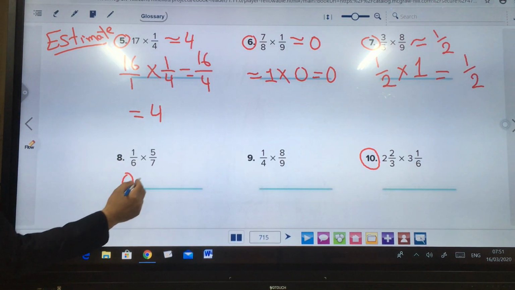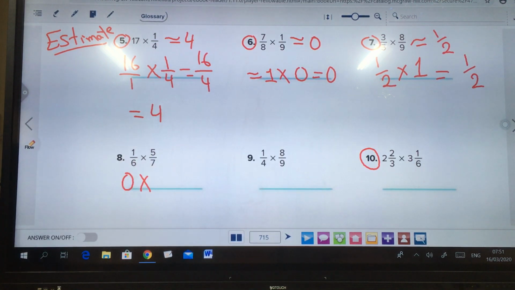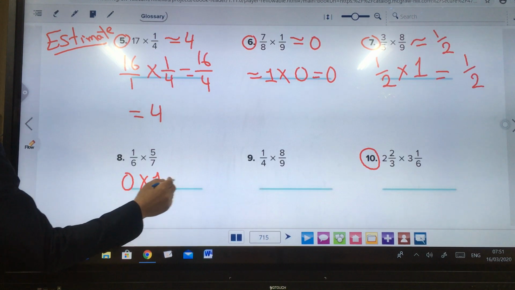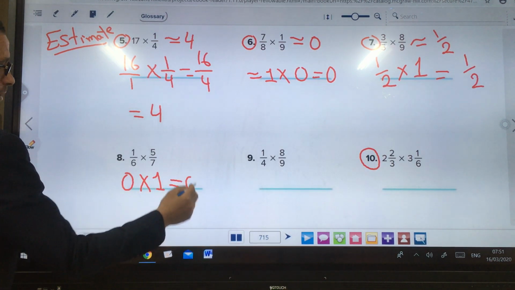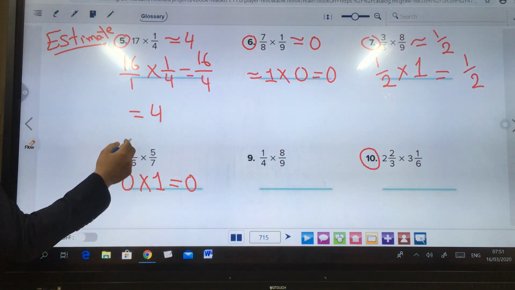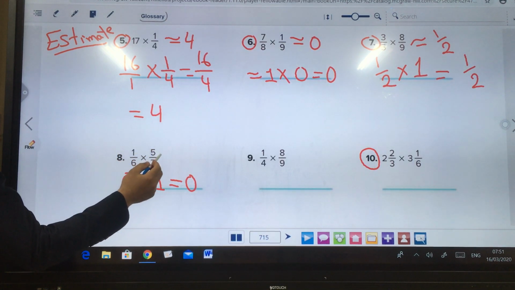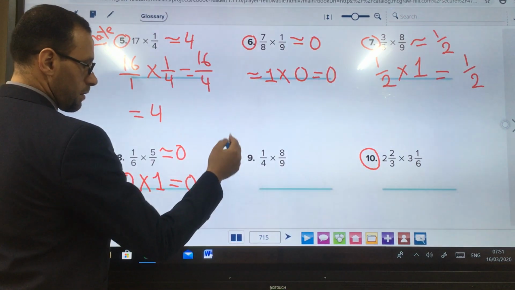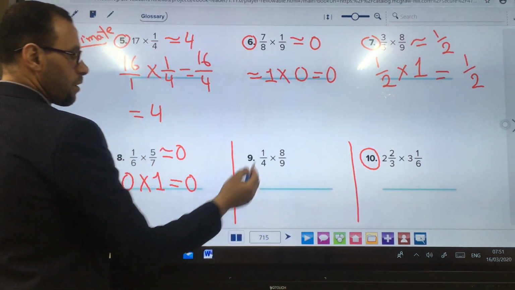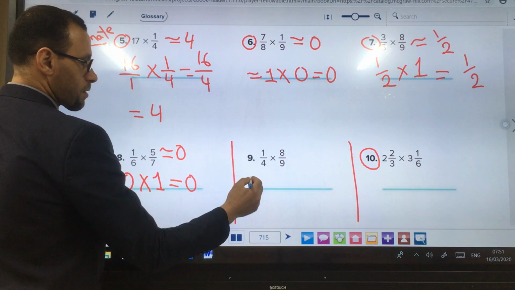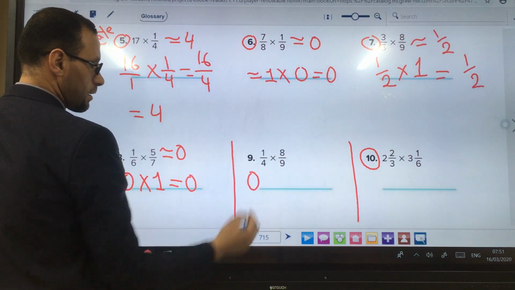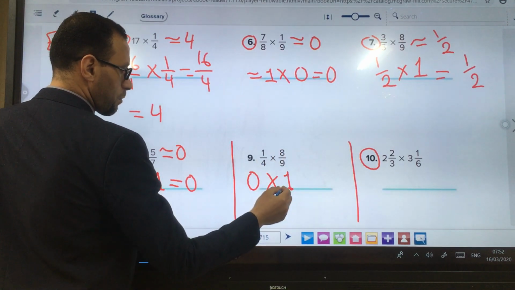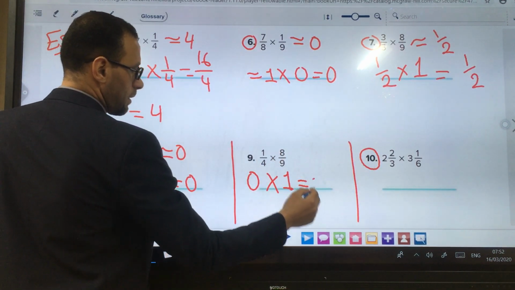Yes, 0, times 5 out of 7, closer to what? Yes, 1 whole. So it will be 0 times 1, which is 0. So 1 out of 6 times 5 out of 7 will be about 0. Good. Next, 1 out of 4 is closer to 0, times 8 out of 9 closer to 1. So the answer will be 0.